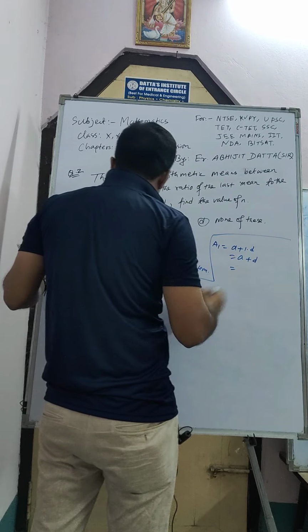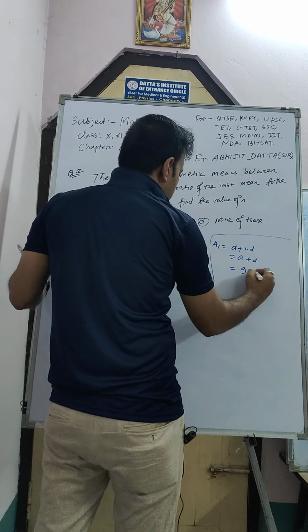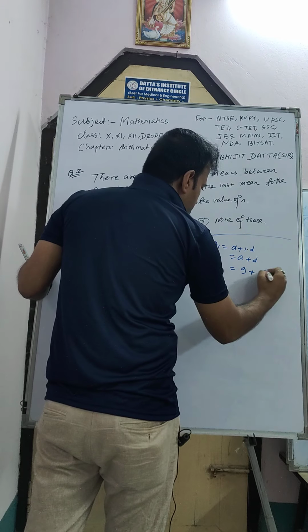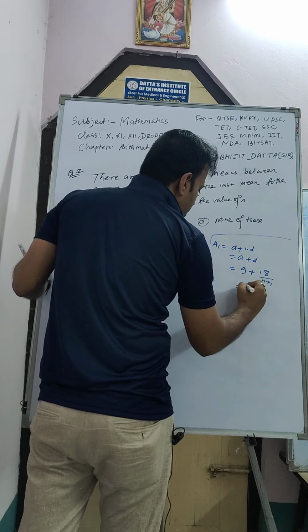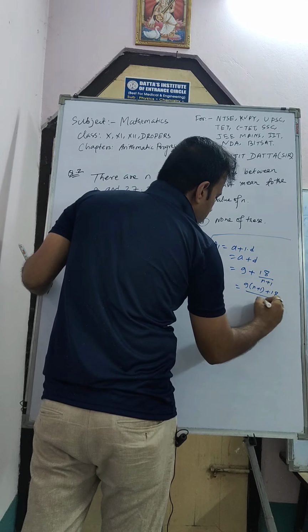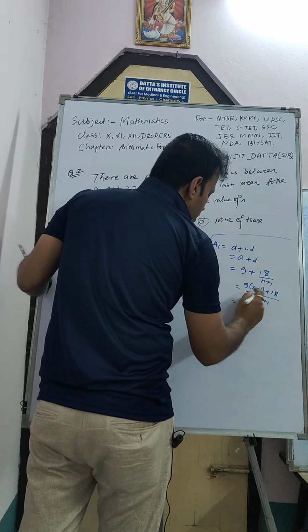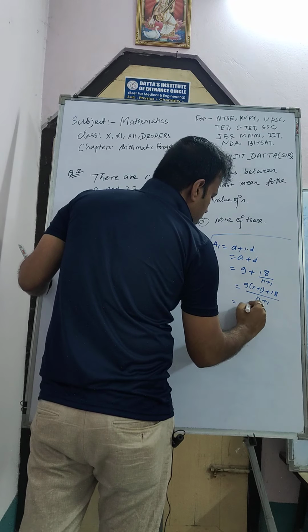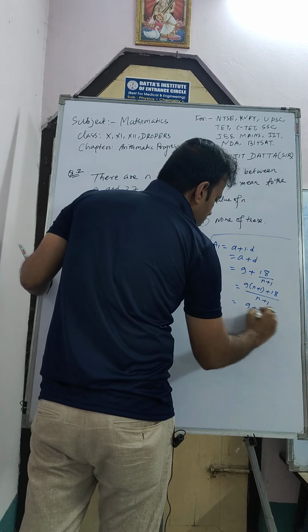A is 9 and d is 18 by n plus 1. After simplifying, it becomes 9 plus 18 by n plus 1, that is (9n plus 27) by n plus 1.